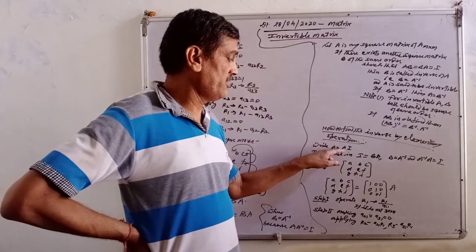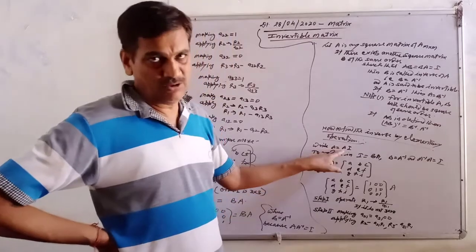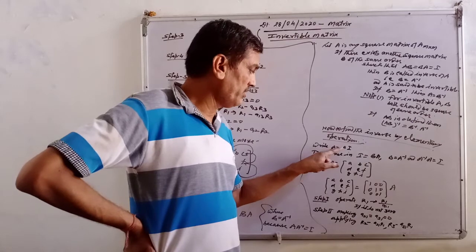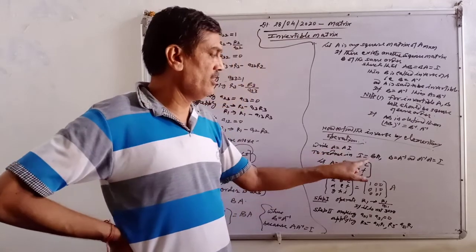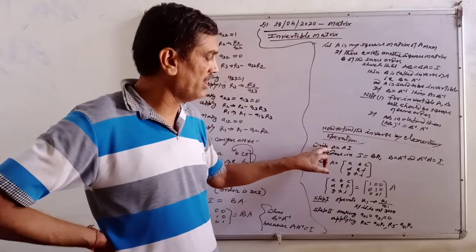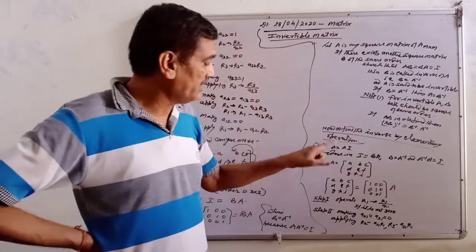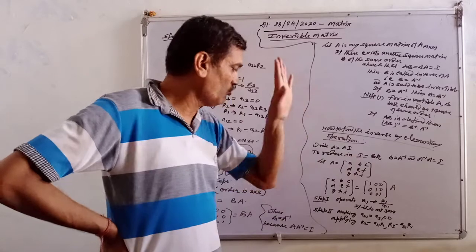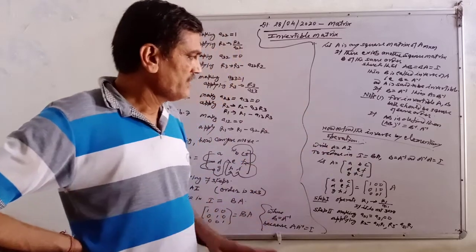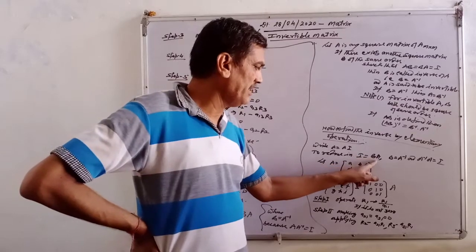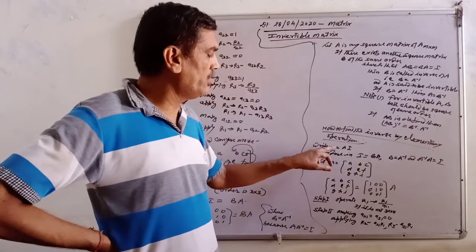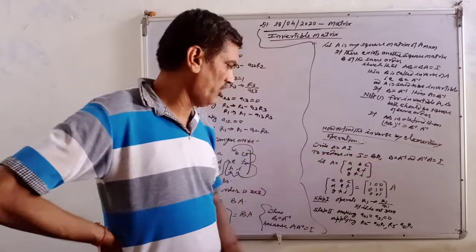Now this is the first step. Write A is equal to AI. Then you will reduce this relation to I is equal to BA. Means here on the left side, this A should become I. And on the right side, BA, where B will be the inverse of A. So you will reduce this relation in this form.